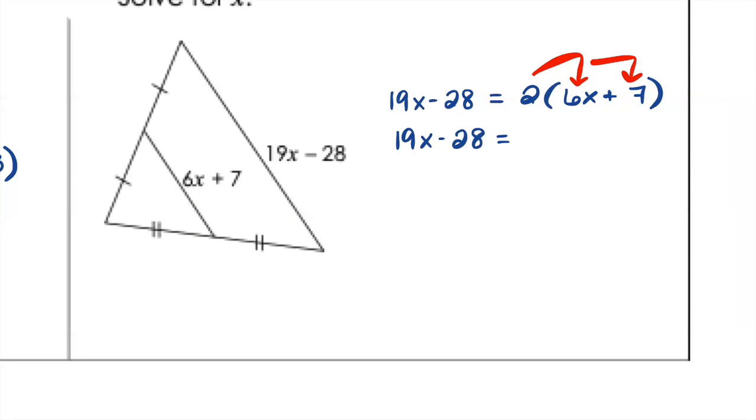So we distribute 2. 19x minus 28 equals 12x plus 14. Subtract 12x. Add 28.